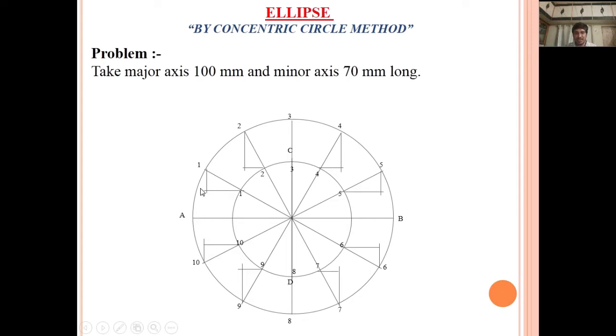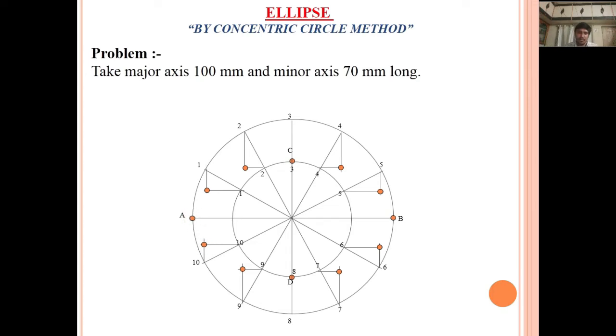Or we can say that P1, P2, P3, P4, P5, with point A and point B already given. After that P6, P7, P8, P9 and P10, like this. We get all these required points for our ellipse.